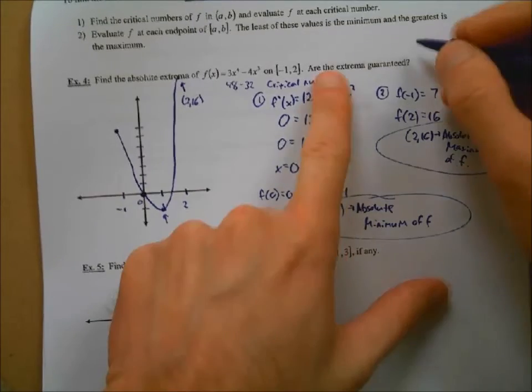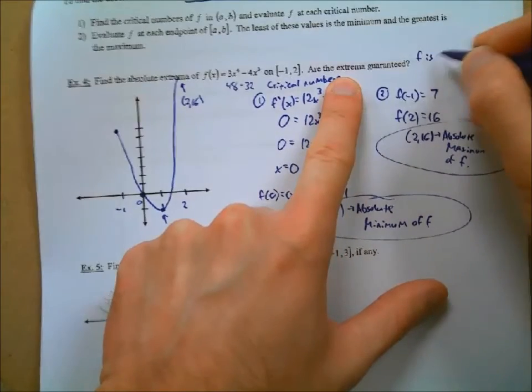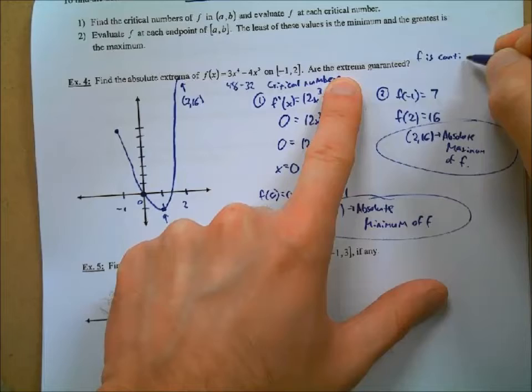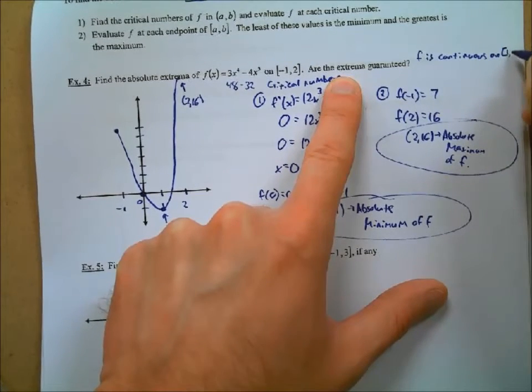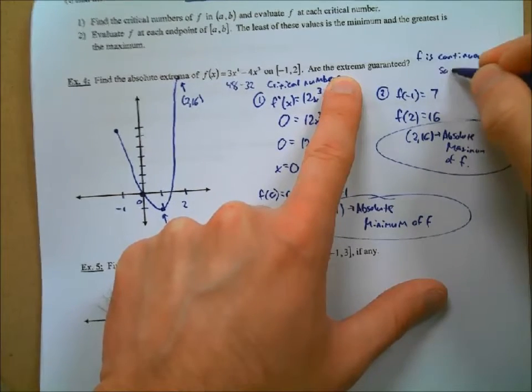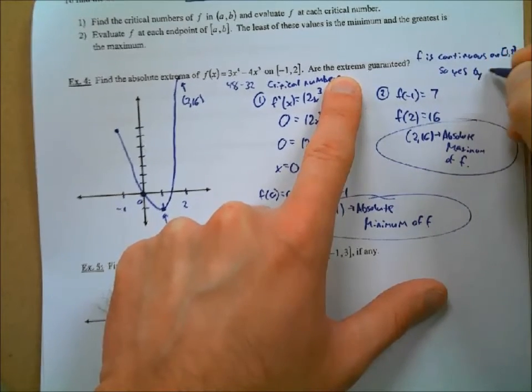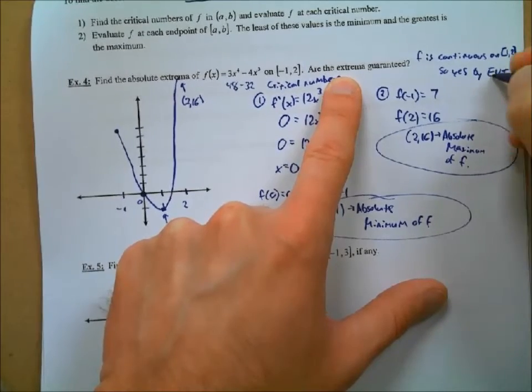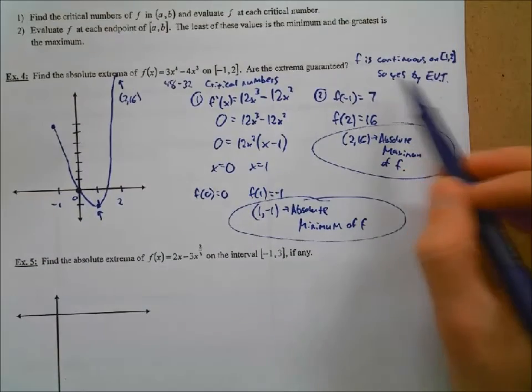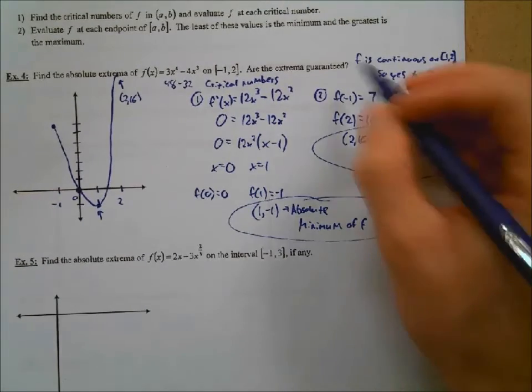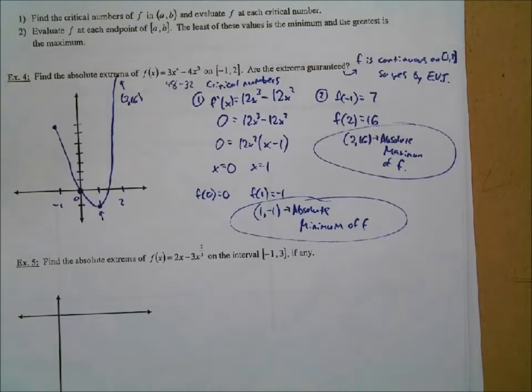So f is continuous on [-1, 2], so yes, by the extreme value theorem, EVT, we did have extrema guaranteed.